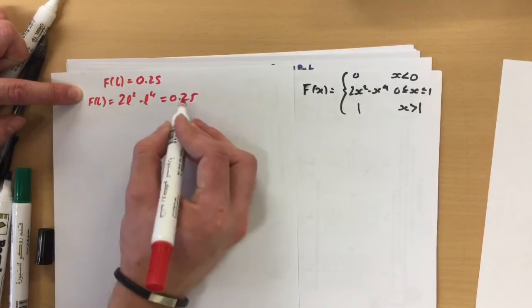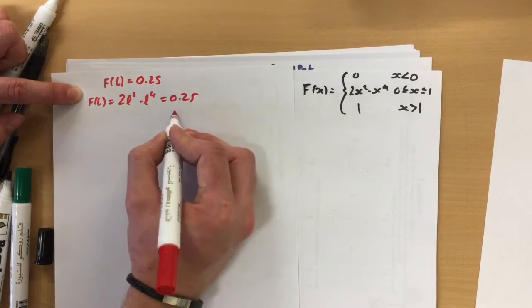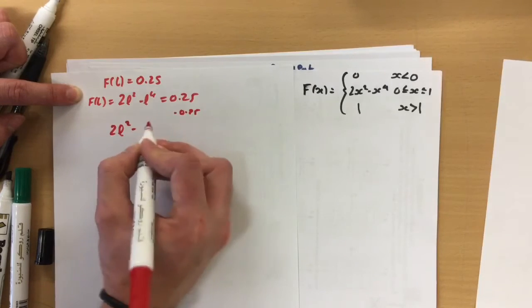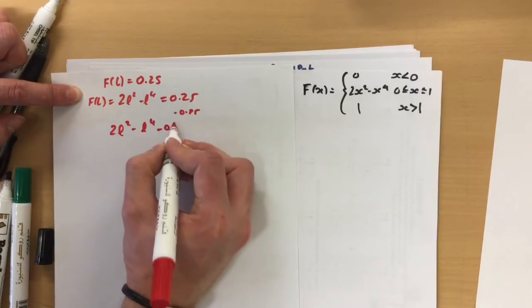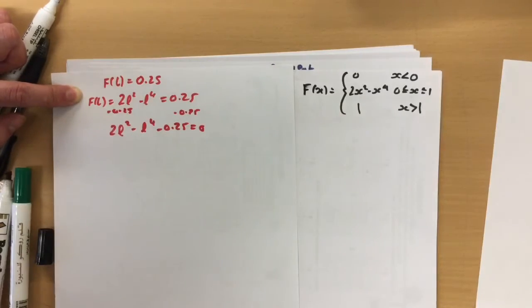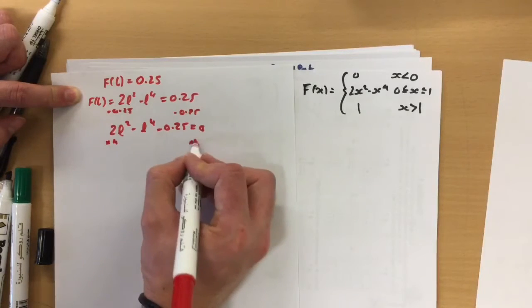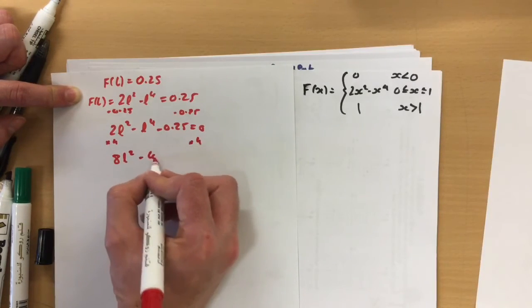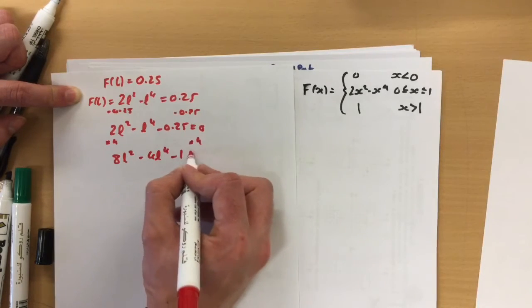Right, let's take 0.25 from both sides, gives us 2L squared minus L to the 4 minus 0.25 is 0. Not a fan of decimals, so I'm going to times it all by 4. Gives us 8L squared minus 4L to the 4 minus 1 is 0.